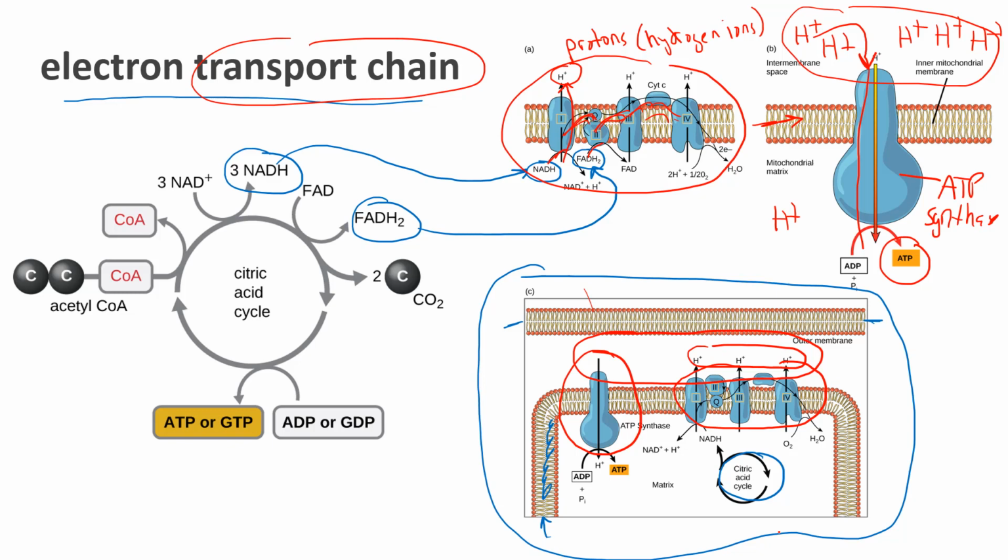So you get a lot of ATP production here as a result of the actions of ATP synthase. This process is known as chemiosmosis. Chemical osmosis, right? Osmosis is water moving across a membrane, but in this case it's not water, it's protons moving across a membrane, hence the chemi part, chemiosmosis.